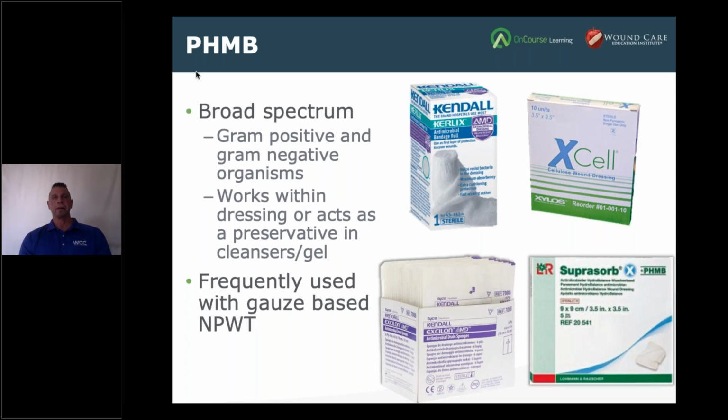So the bacteria have to come in contact with the dressing, or if it's in a cleanser or a gel product, it simply functions as a preservative agent within the cleanser or gel so bacteria cannot grow within it, okay? These gauzes are commonly seen with the gauze-based negative pressures, okay? But again, it kills bacteria within the dressing.